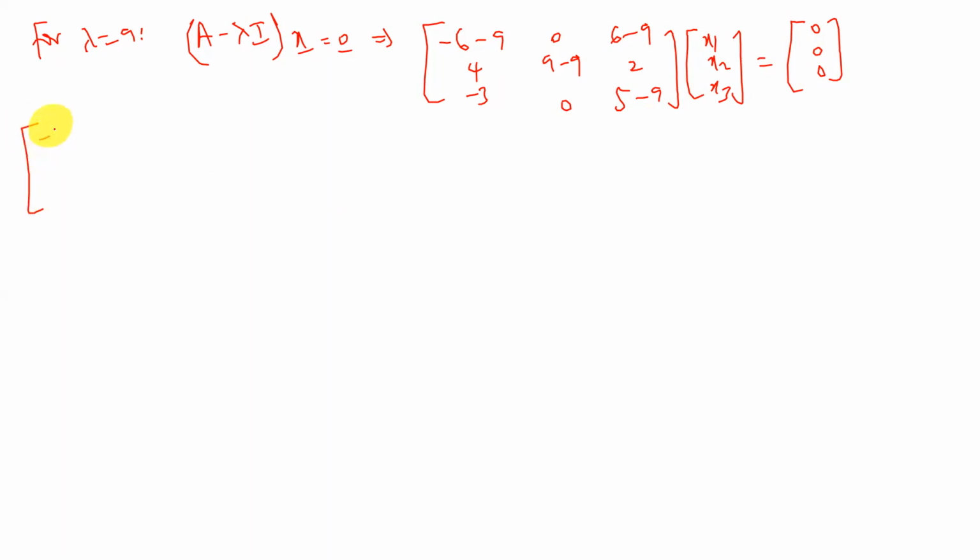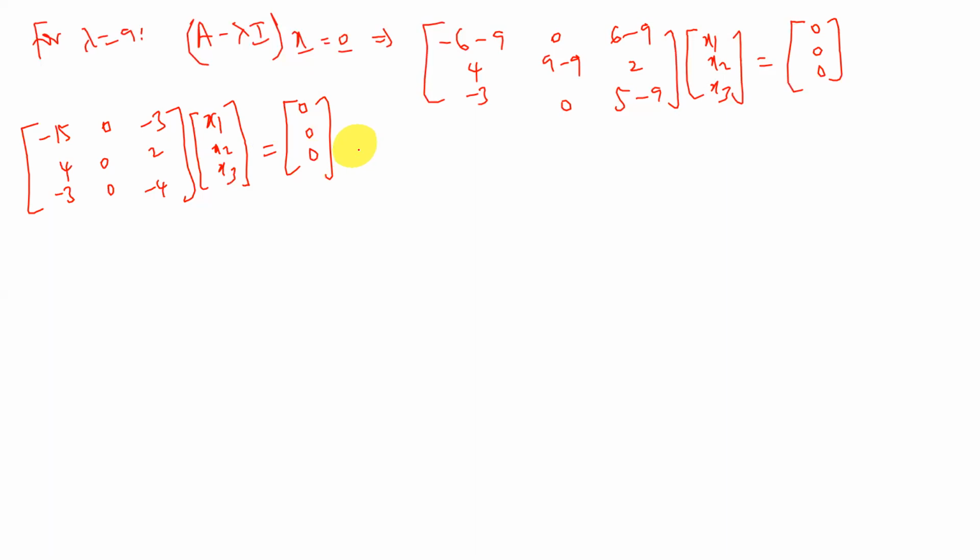So you have -15. Here you have -3. So we have this augmented matrix.